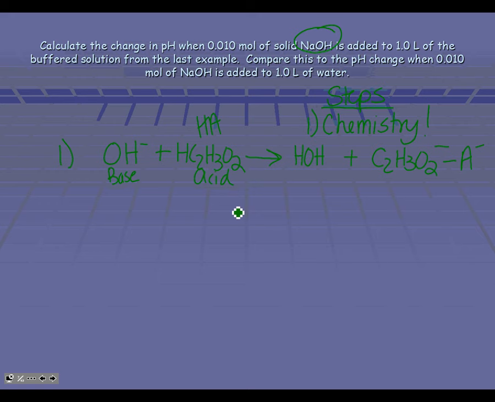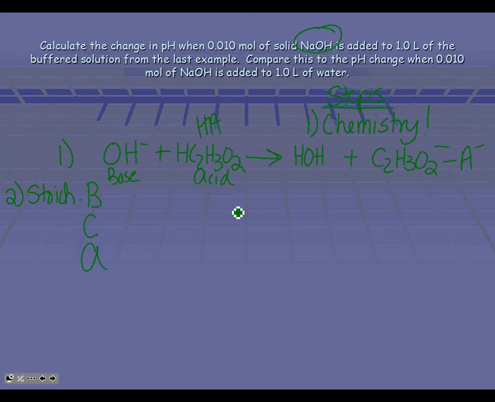Now, the second step is we need to consider the stoichiometry. All of these problems end up being a limiting reactant stoichiometry problem. There's some part that we're going to run out of. We create a chart to do our stoichiometry, and we refer to it as the BCA.